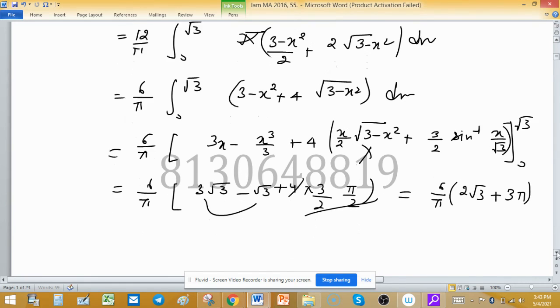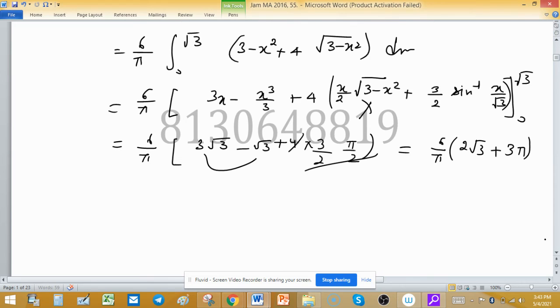Now we put in these values. This is 12 root 3 upon pi plus 6 times 3, which is 18 pi upon pi, so finally we have 18. Now putting the value of pi as 22 by 7, we get 12 root 3 divided by 22 over 7 plus 18.